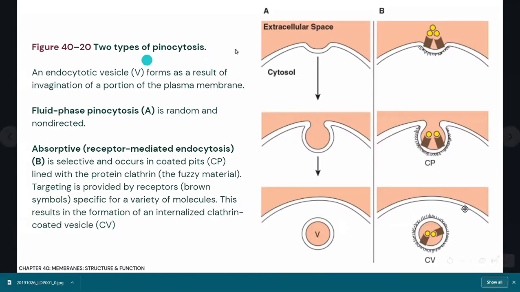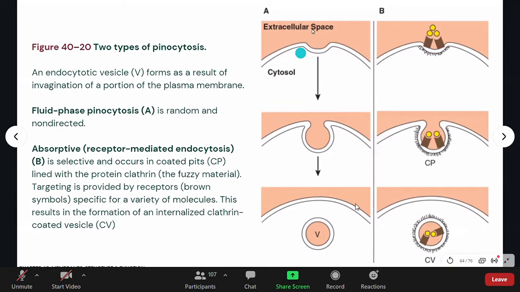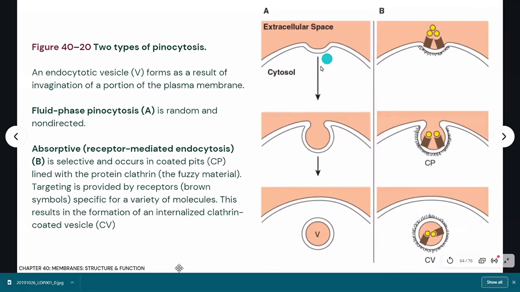All right, so we have it here. As the extracellular space, this is your membrane. Then there is invagination, and the opposing cell membrane here will close that one until they are joined together, and this is going in.